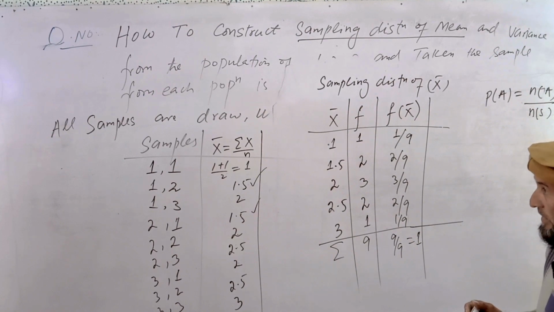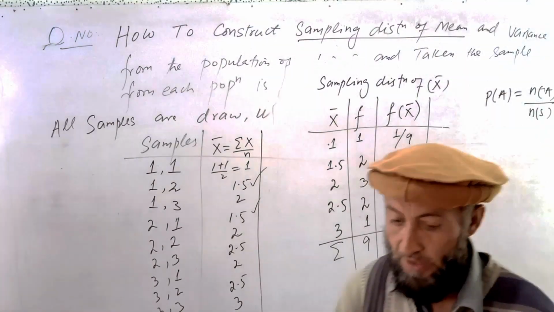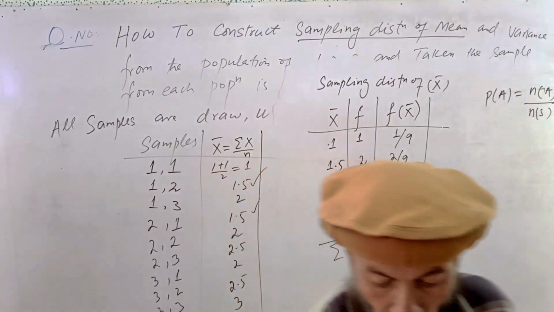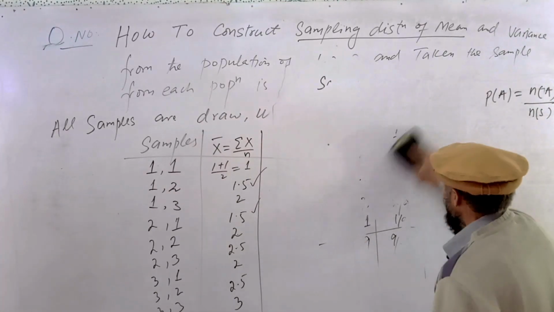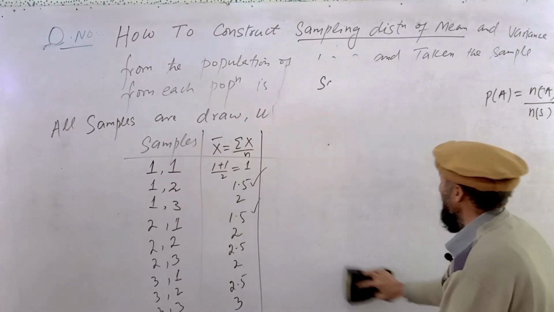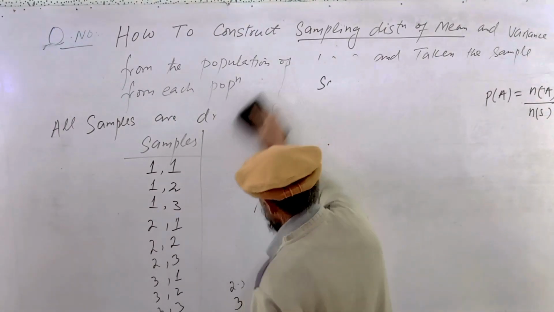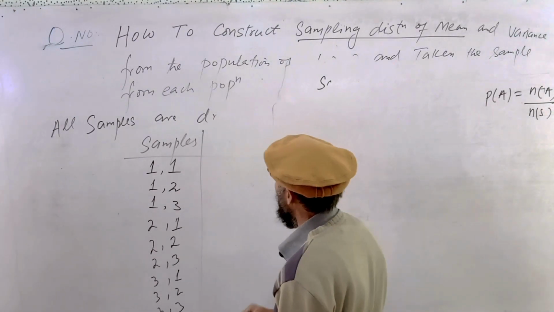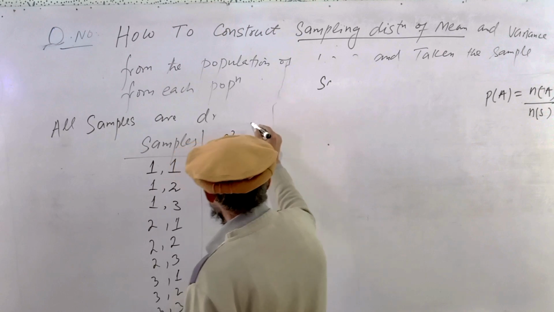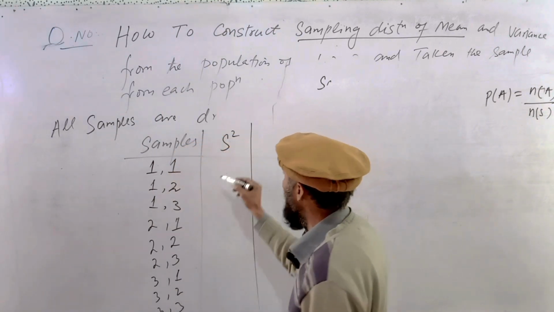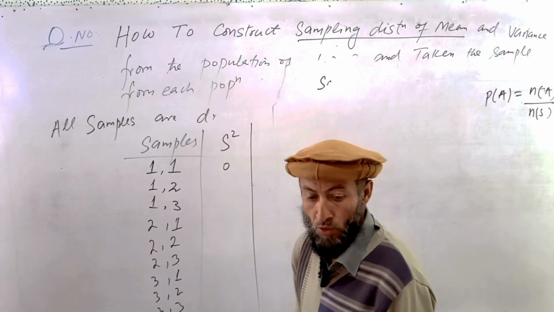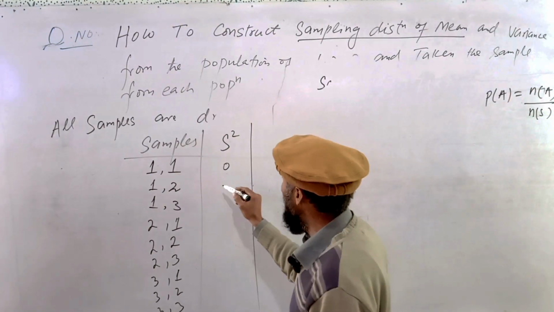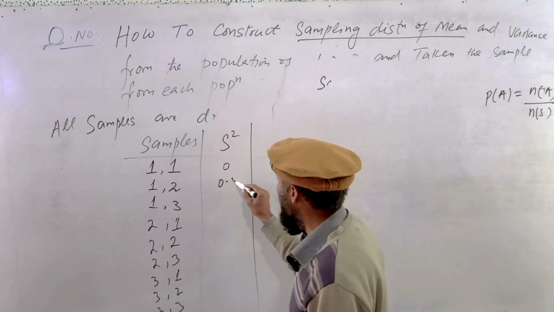Now we construct the sampling distribution of variance. How do we construct it? Here the sample variance S square is required. For the sample 1 1, the variance is 0. For 1 2, if we find the value by calculator, we get 0.5.